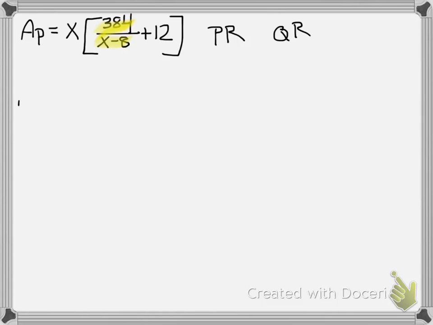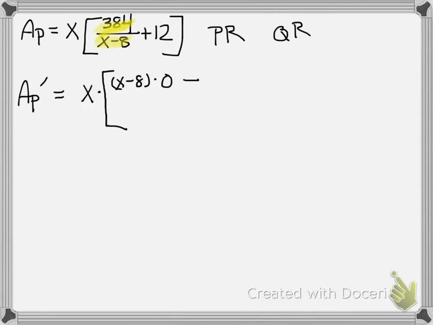So we have our poster area prime being equal to the first times the derivative of the second. Okay, so the quotient rule says the bottom times the derivative of the top. So that's going to give us x minus 8 times 0, because the derivative of a whole number or a constant is 0.